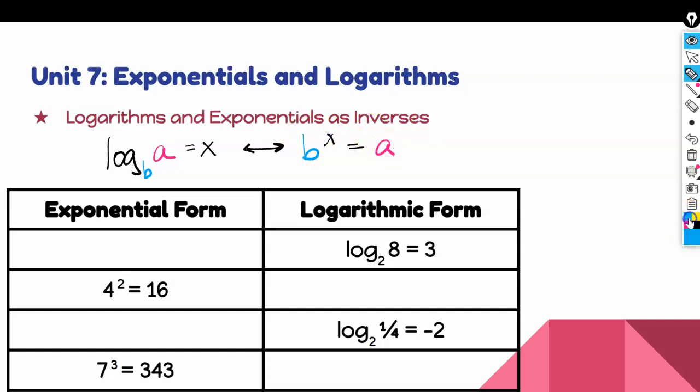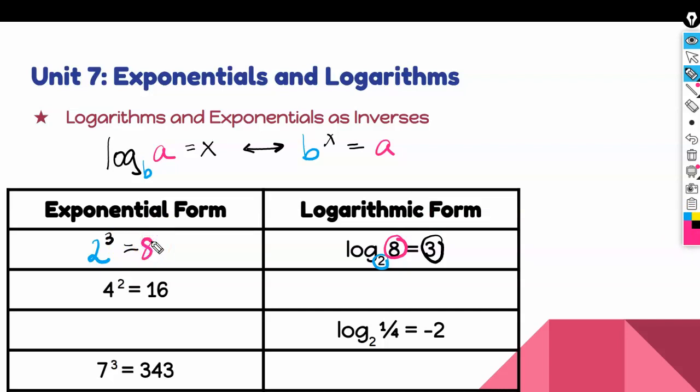So if I look at the first row, I have a base of 2 here. So, base of 2. Where x is, in this equation, I've got a 3. So my exponent's going to be 3. And then it's going to equal 8.